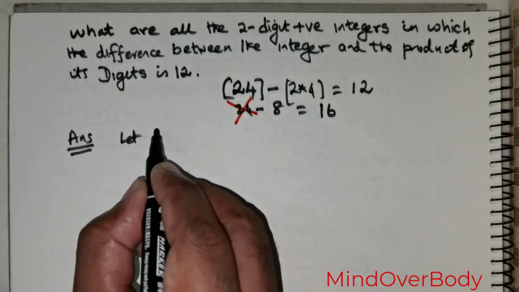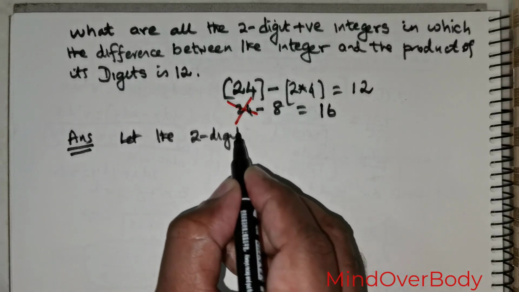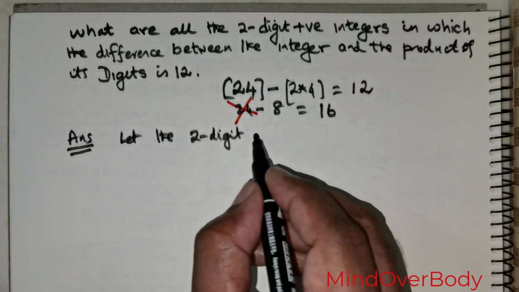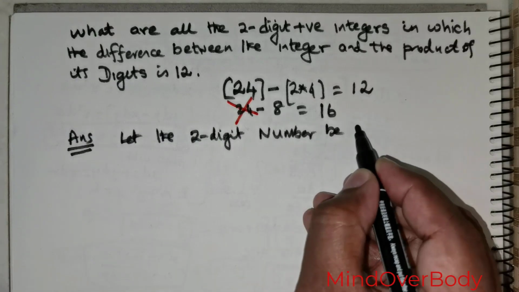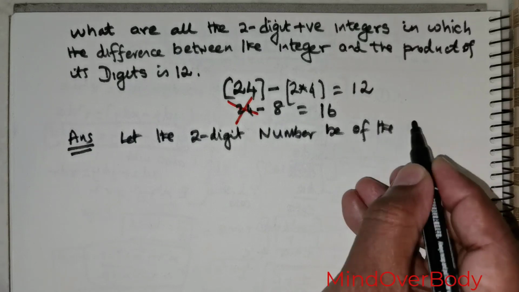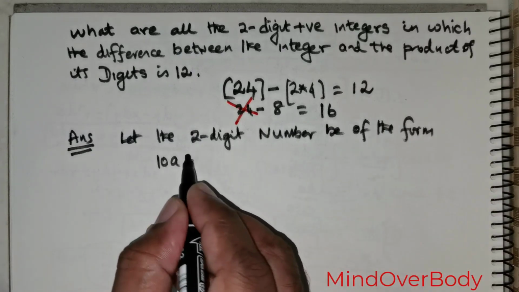Let the two-digit number be of the form 10a + b.